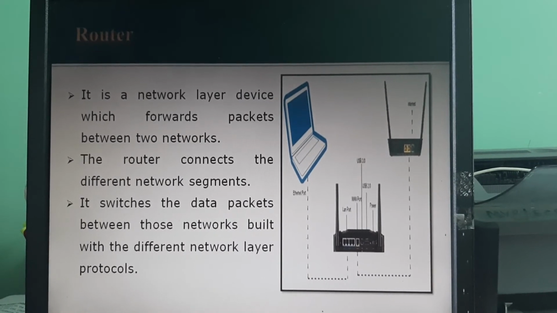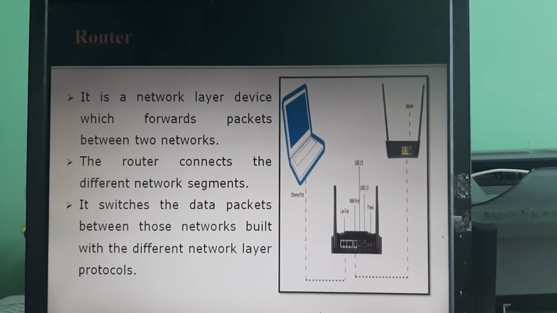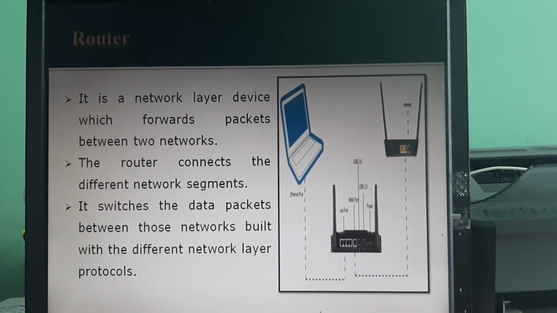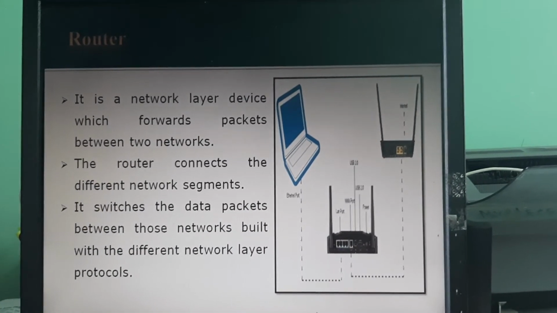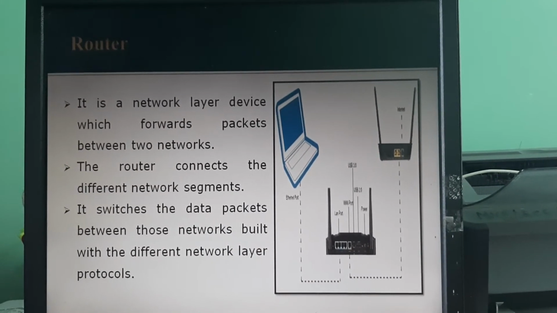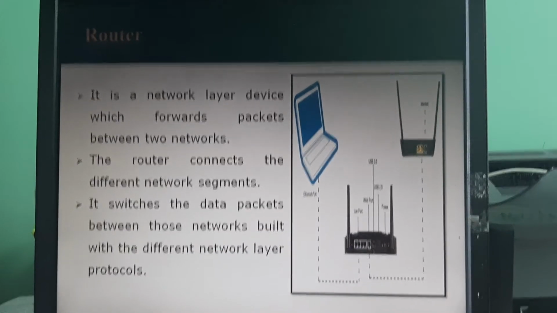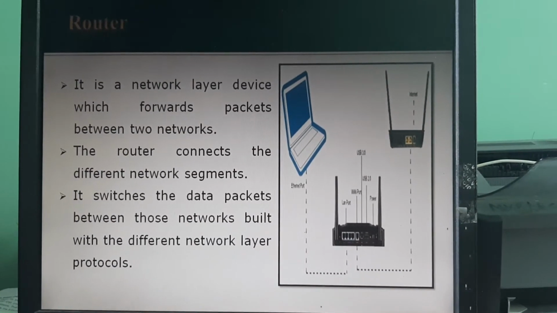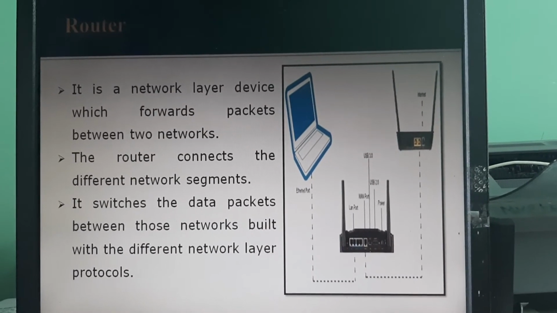Means when the network segments are logically different from each other and connected far away, the data will be divided into or grouped together as packets, and those packets will be transmitted by using these routers. So whenever this router is going to transfer the packets from the source to the destination, it keeps the records of all the connected networks.